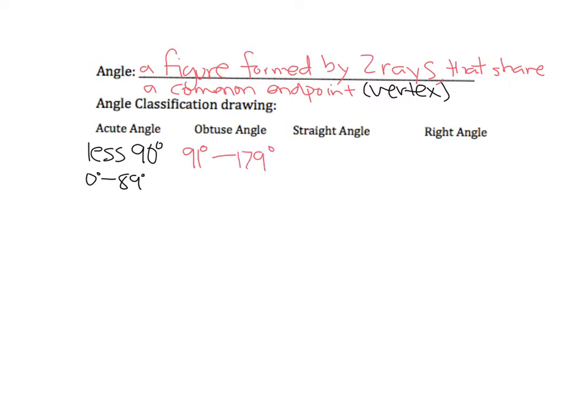So that's their range: more than 90 degrees, but less than 180 degrees. A straight angle is exactly 180 degrees. And a right angle is exactly 90 degrees.